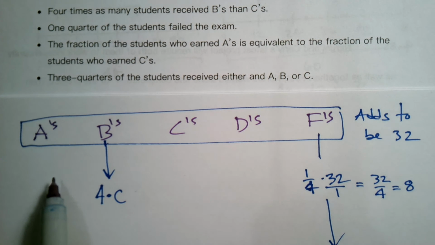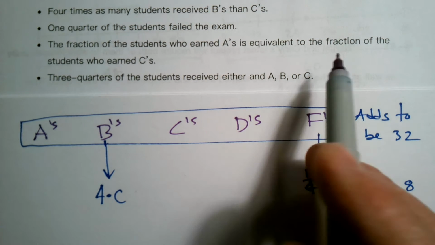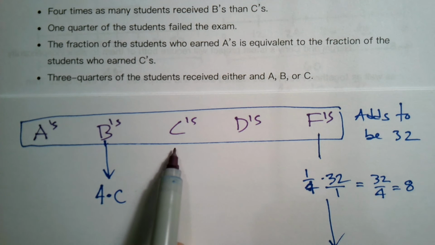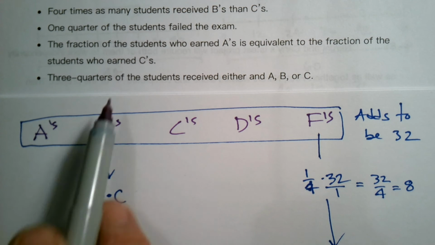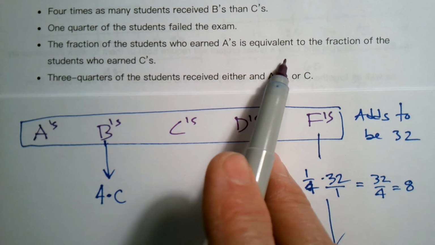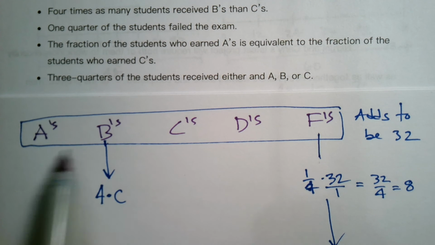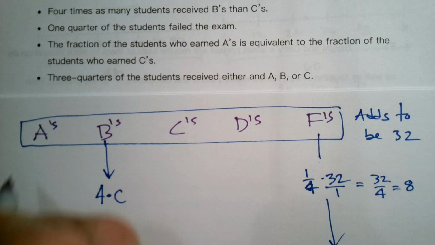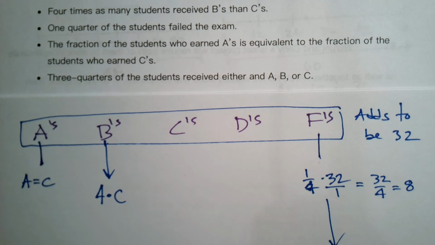That means A has to equal C. If half the students receive C's, then half the students received A's, right? So that tells me that A is equal to C, and I can make a little note here: A is equal to C.